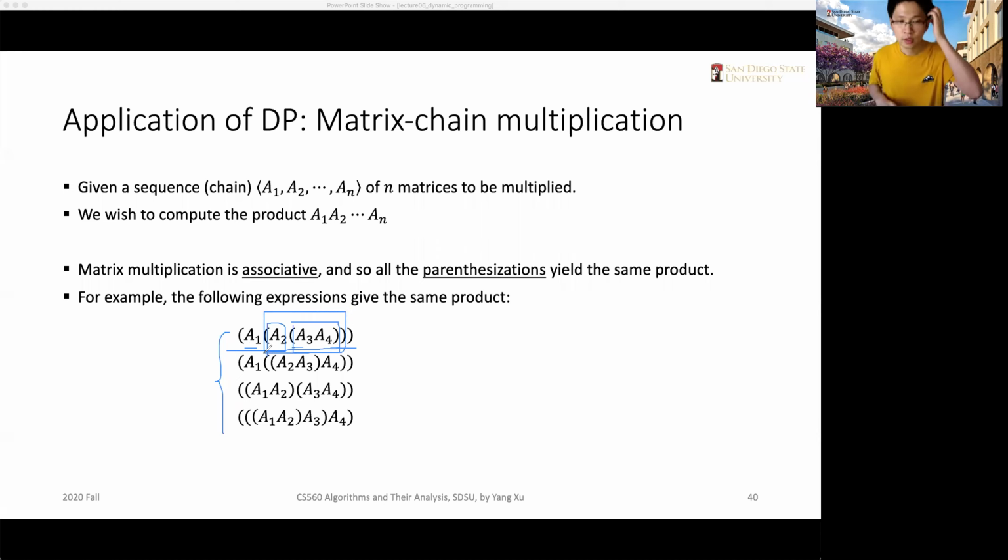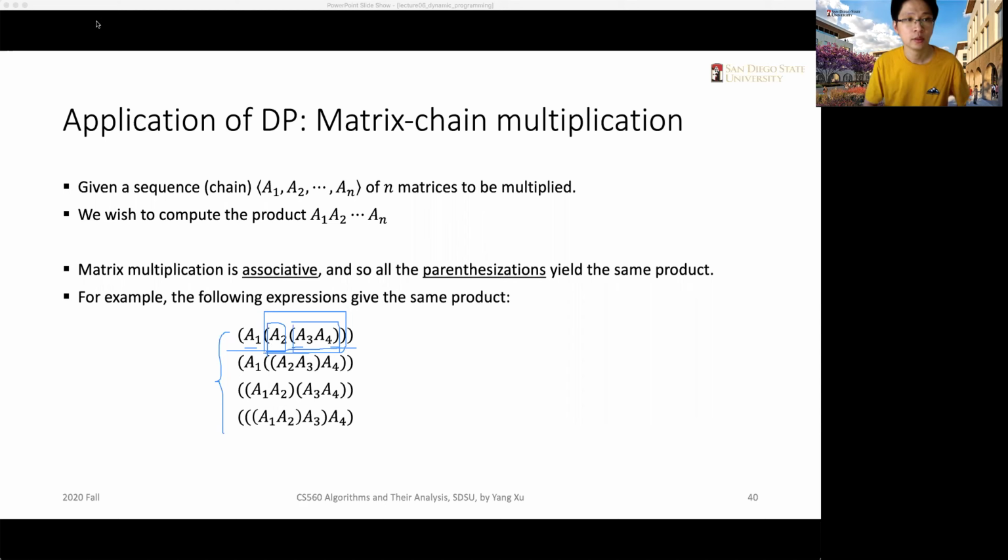So the different ways of parenthesization basically define the order of computation. No matter which way we organize the parentheses, the results will be the same. But you will see that different ways of parenthesization come with different costs.